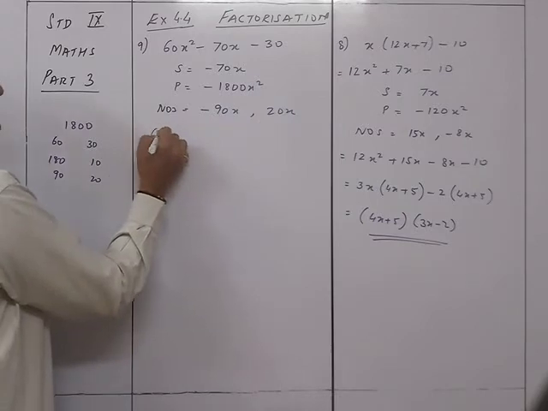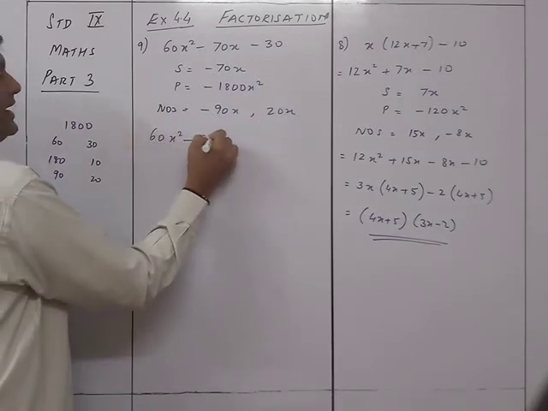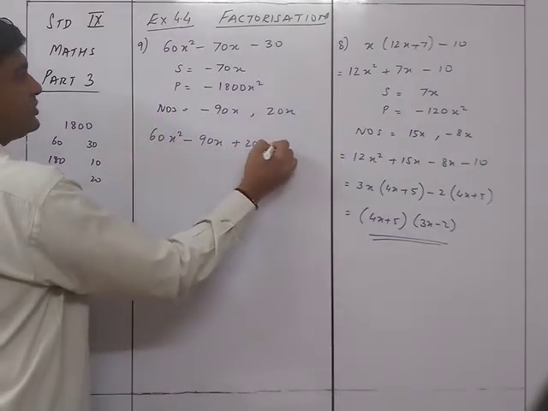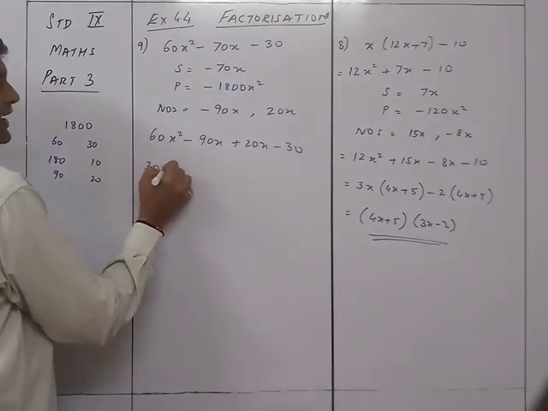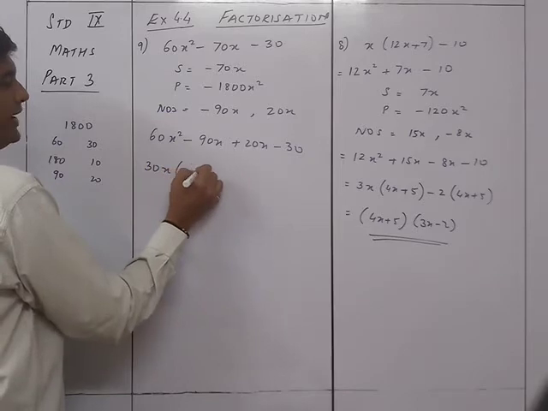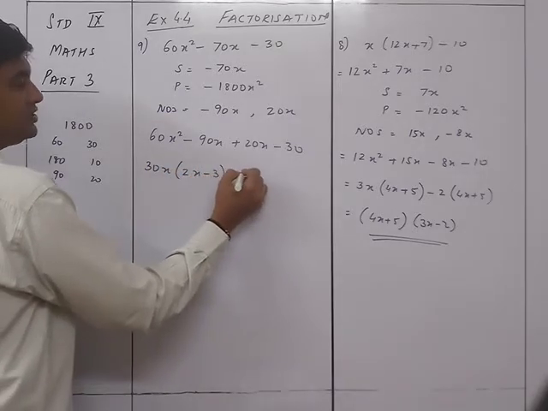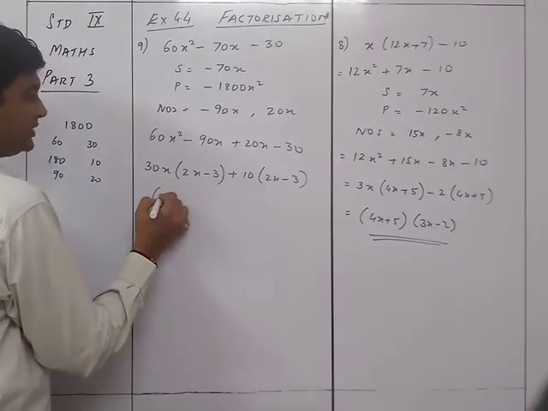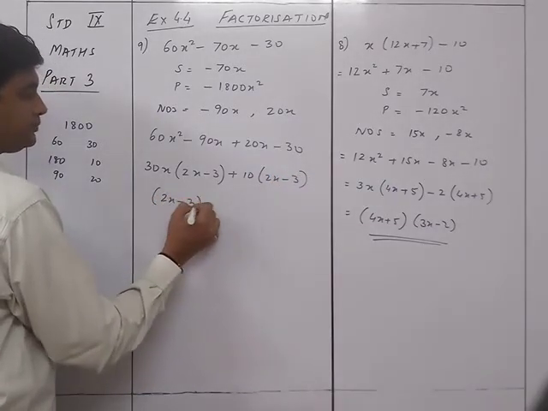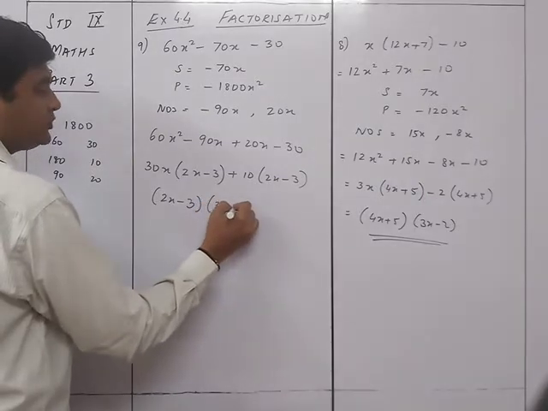So that will give me 60x square minus 90x plus 20x minus 30. So this gives us a common as 30x. So this will be 2x minus 3 plus 10 will give you 2x minus 3. So accordingly it is 2x minus 3 into 30x plus 10.